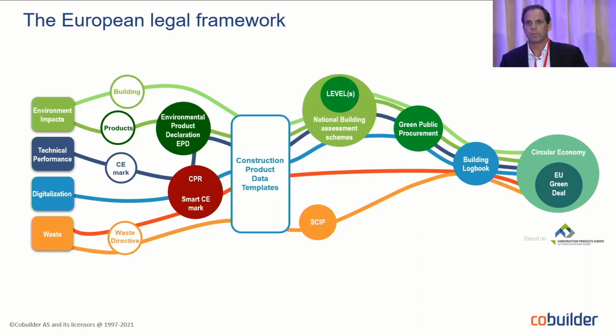Nowhere. The EU legal framework is talking about the Construction Products Regulation, the Low Voltage Directive, the Machinery Directive, REACH for chemicals, and so on. What they're looking towards is levels, green public procurement, building logbook, like what's installed, and circular economy.